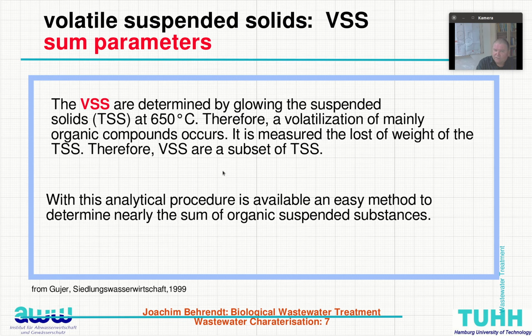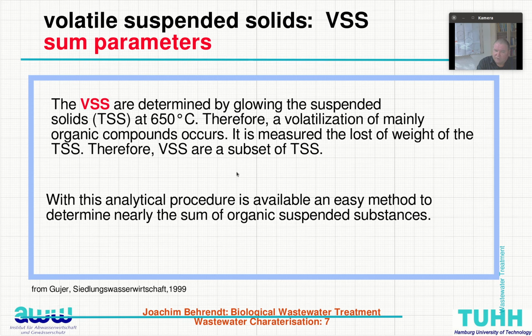The volatile suspended solids are a subset of the total suspended solids. This is mainly used to calculate the sum of organics in the total suspended solids. We also have grit or sand or precipitated material which is not organic.